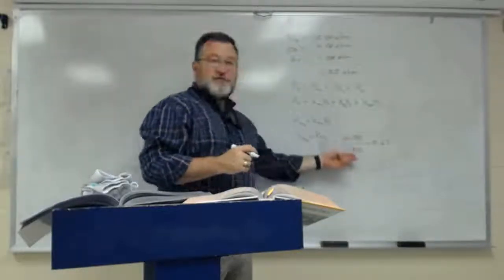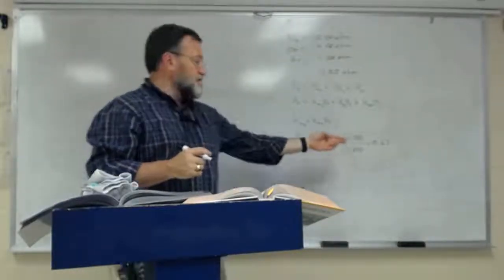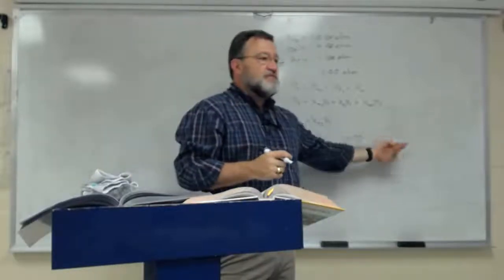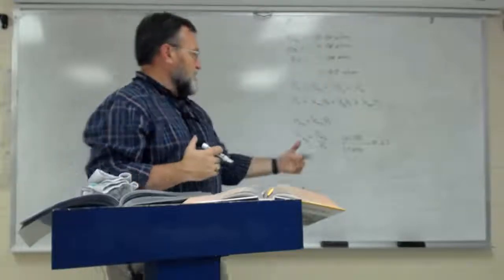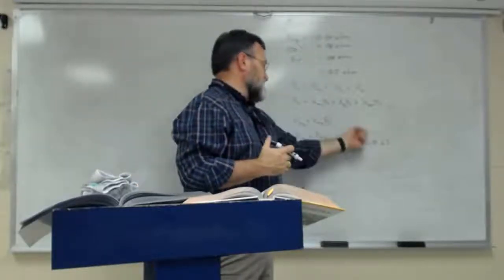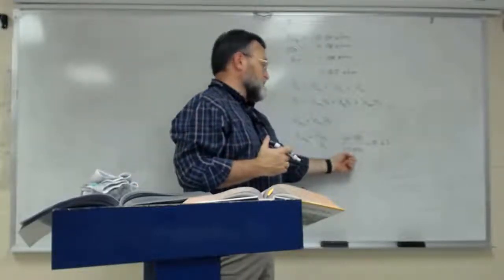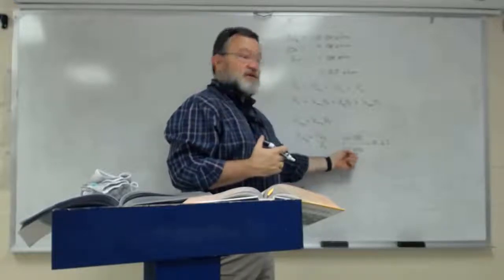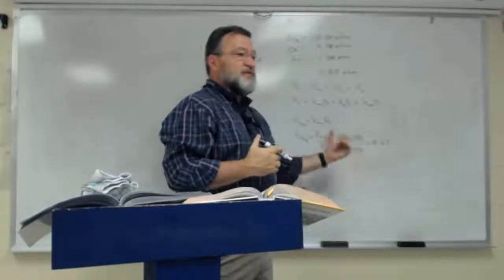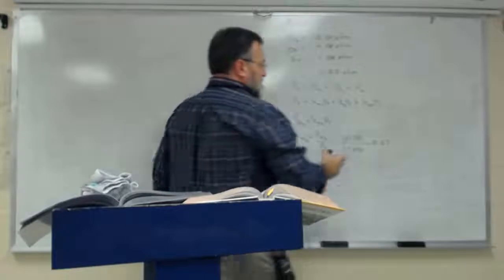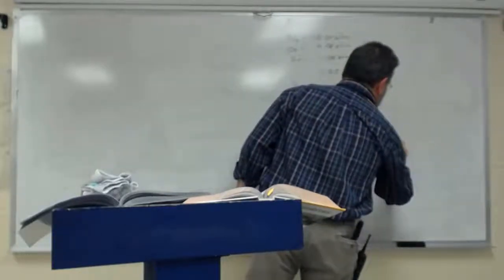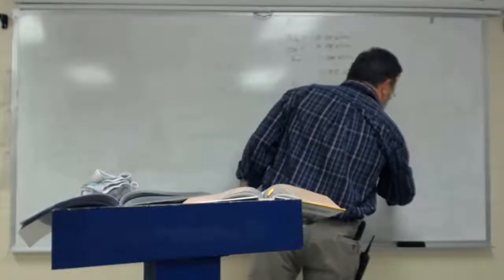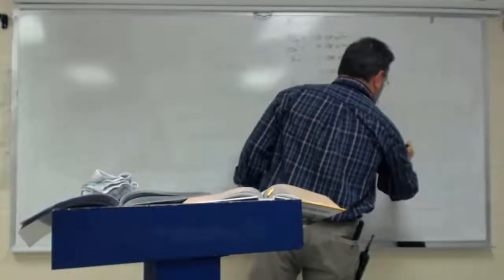That's 2/3. 2/3 is 0.6 repeating. But how many places should it have? This is division. I've got 4 over 4. I should take it out to 4 places. So it's 0.6667, right?